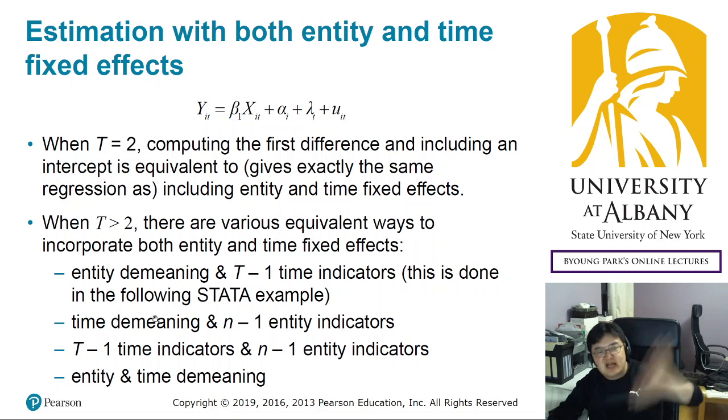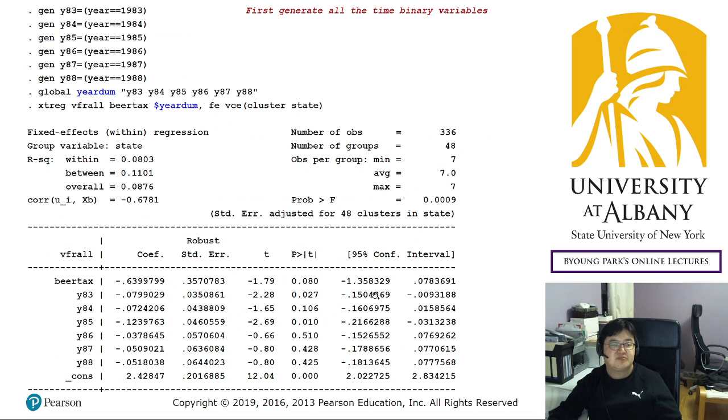So you have to cancel out as much as possible. Either this or this, but usually the first one is our choice. Especially in our case, by demeaning we are canceling out 48 parameters and instead including 6 dummy variables. 6 is not bad. 6 is totally fine. So we choose to include 6 parameters.